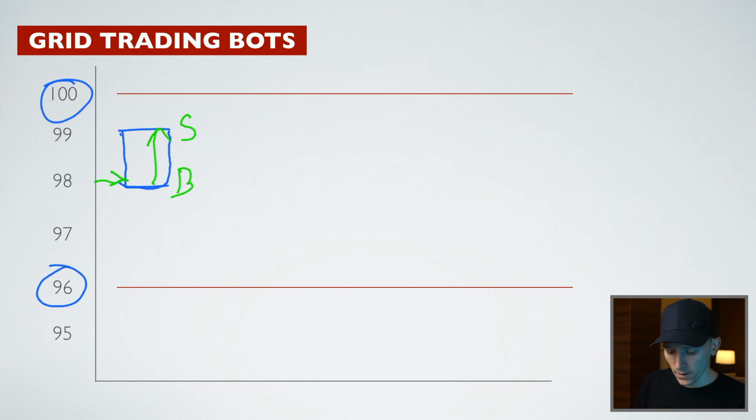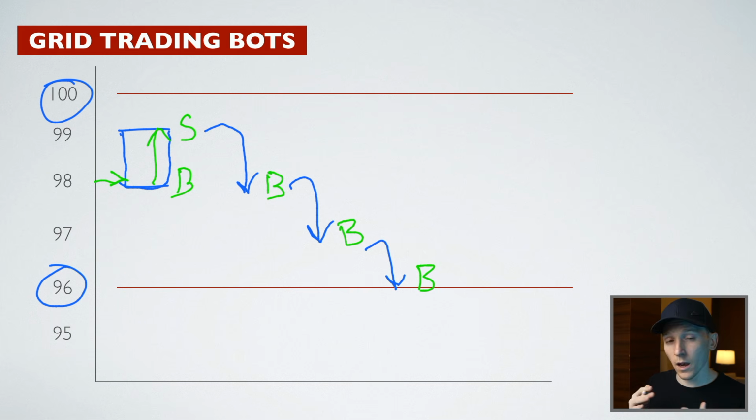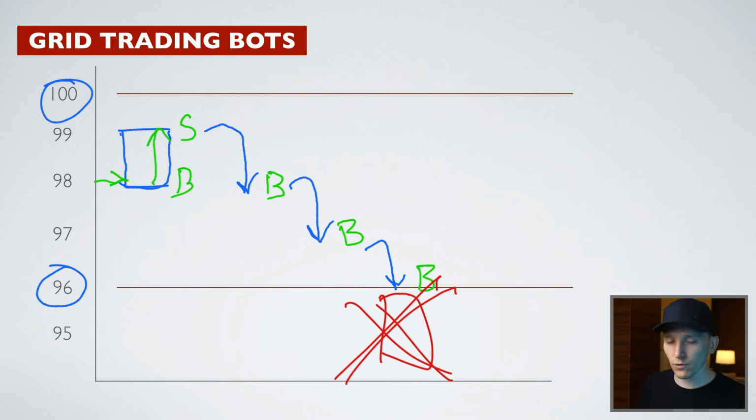With a grid bot, if the price then moves back down to this level, the grid bot is going to refresh the buy order at that level. If the price then moves down to the next level, it's going to buy here. And if it moves down to the next level, it's going to buy here. The lower bound has been breached at this point. Under here, there's no trading.